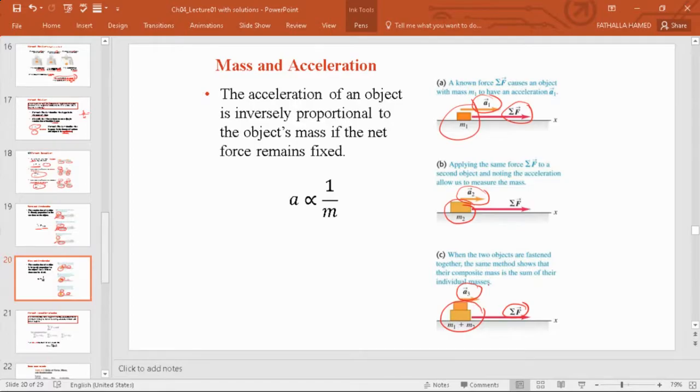That means the magnitude of your acceleration decreases as the mass increases. So we say that the acceleration is inversely proportional to 1 over m. The bigger the m, the less is the acceleration.